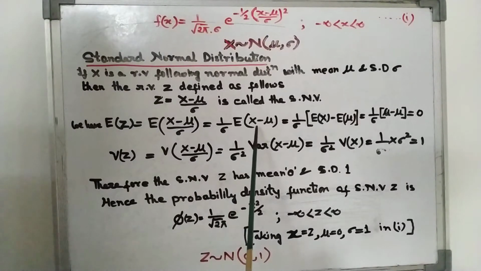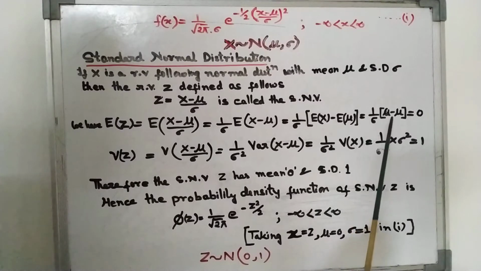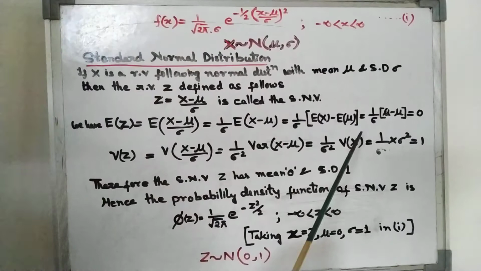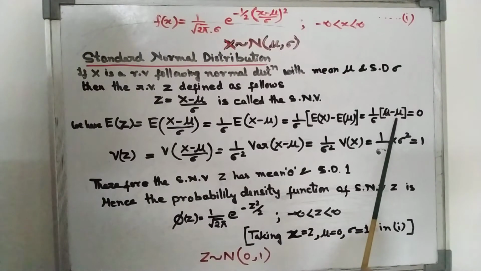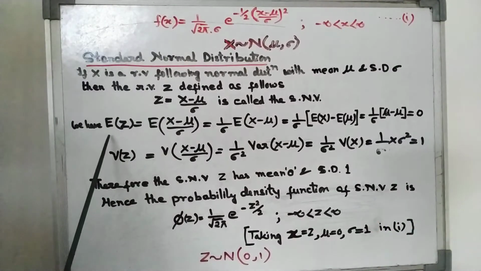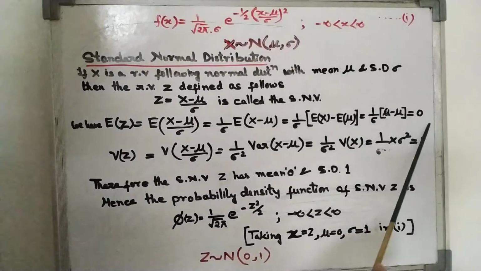So E of x minus mu; now apply E: E(x) minus E(mu). E(x) is mu, so we get 1 by sigma times mu minus mu. So we get 0. That means E(z), the mean of this standard normal variate, is 0.